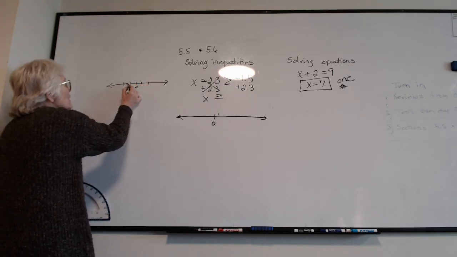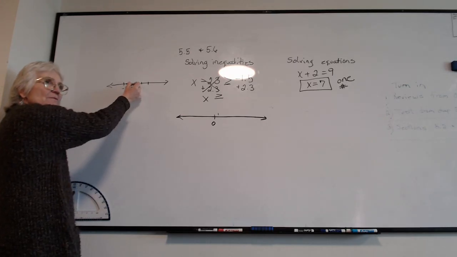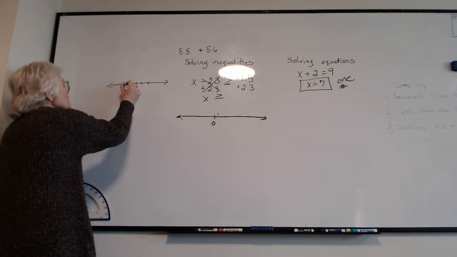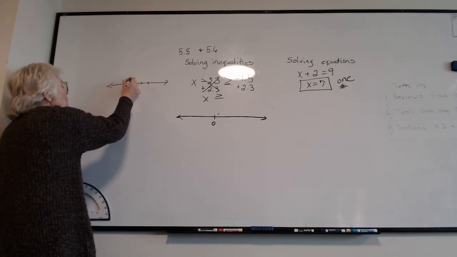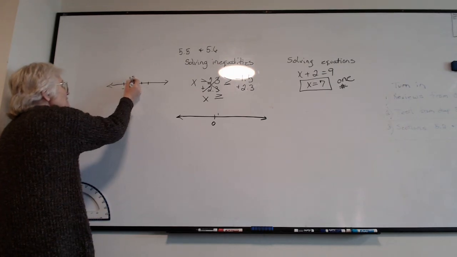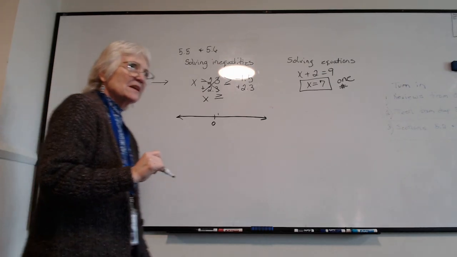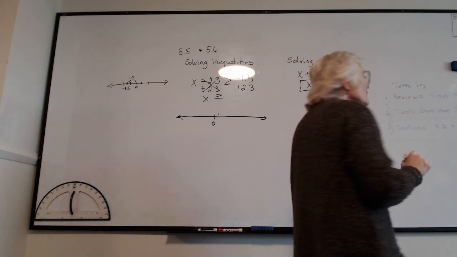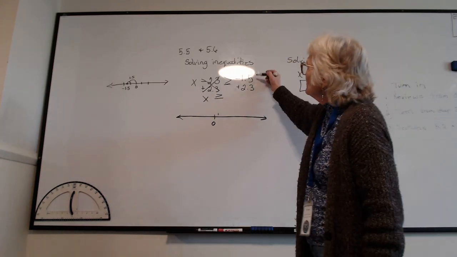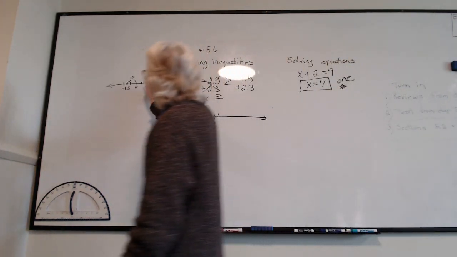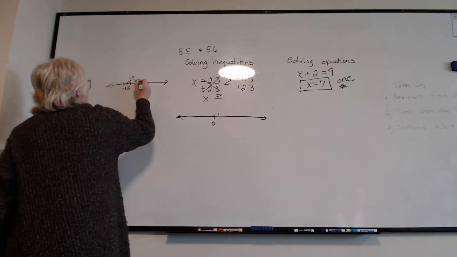So I have to go 1.5 to go up here, right? This part is 1.5 to get to 0. So 1.5 leaves me 0.8 to go farther.